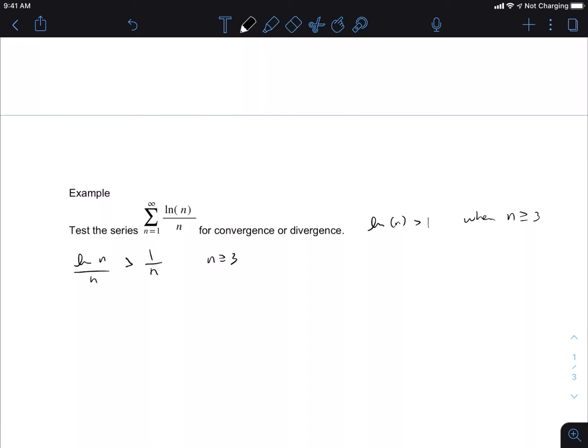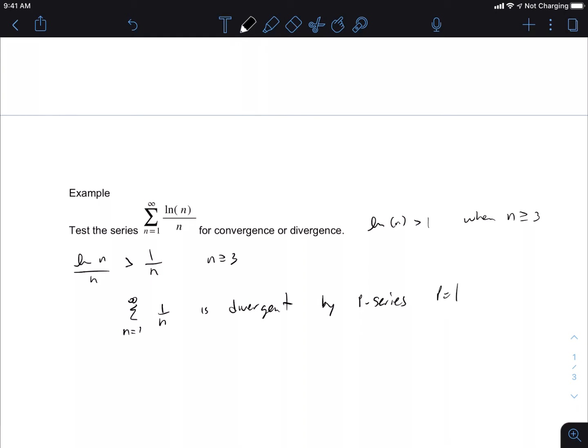And so comparing the smaller side, I'm going to go n equals 1 of 1 over n. I know that this is divergent, right? And this is again by the p-series. And since it's divergent by the p-series, p is equal to 1, right? It's to the first power.